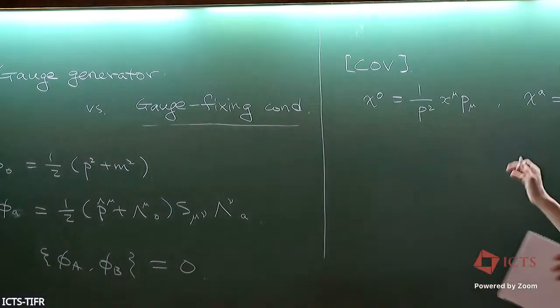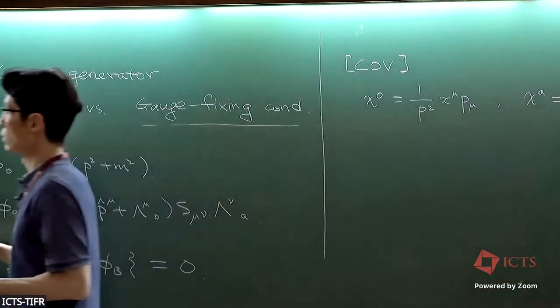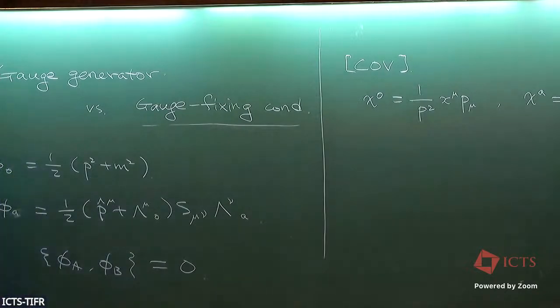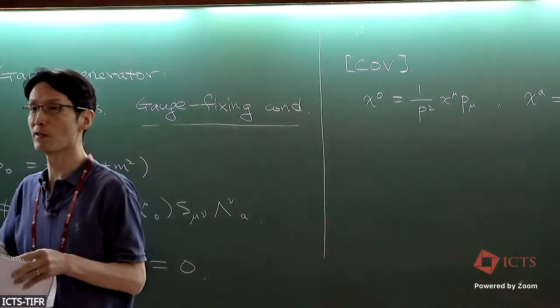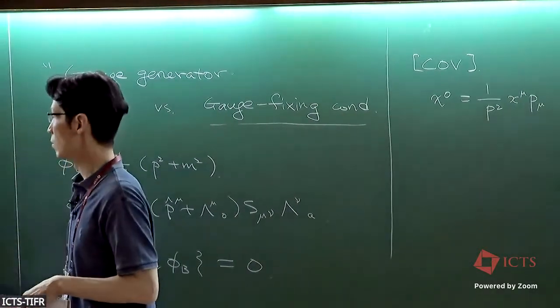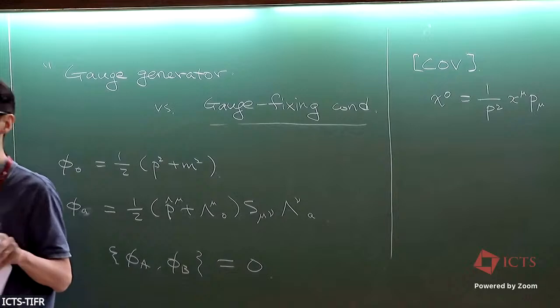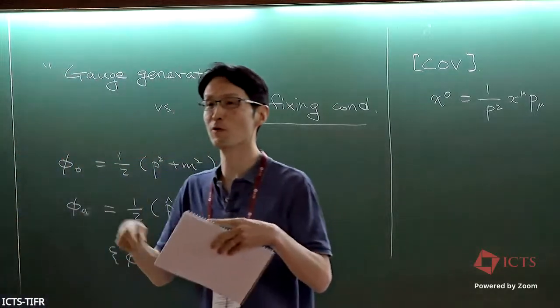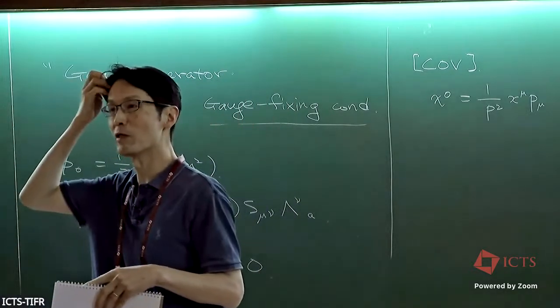I'm emphasizing this point because some people try to use this as the basic building block of the constraint in the sense of Dirac's theory of constrained Hamiltonian mechanics. But if you pick two components out of this combination and compute the Poisson bracket, they don't commute. So you begin to generate many things that you have to worry about.